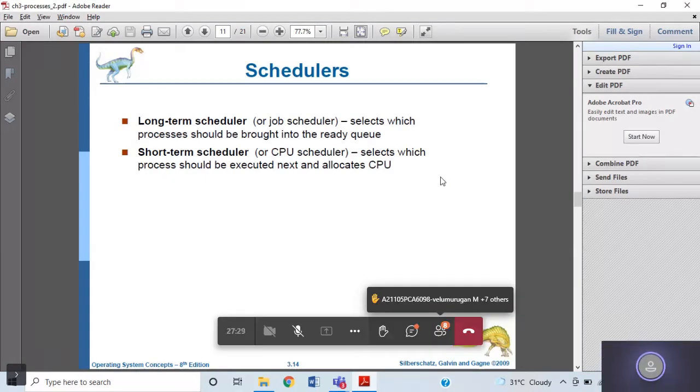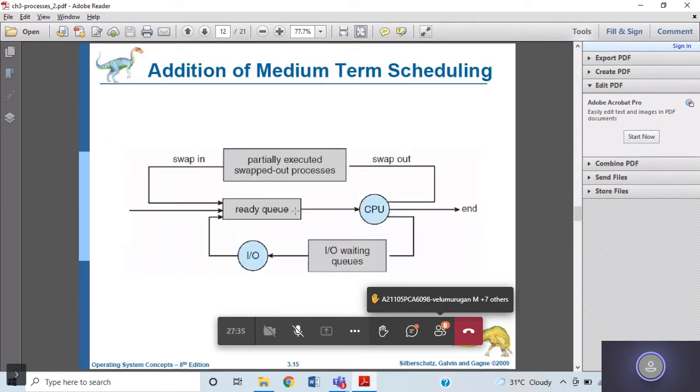And we also have the medium-term scheduler. Here is the ready queue. As I said, a process waits for the CPU time, and once it executes, it comes to the end state. This is the waiting state, as we saw already in the states of the processes.